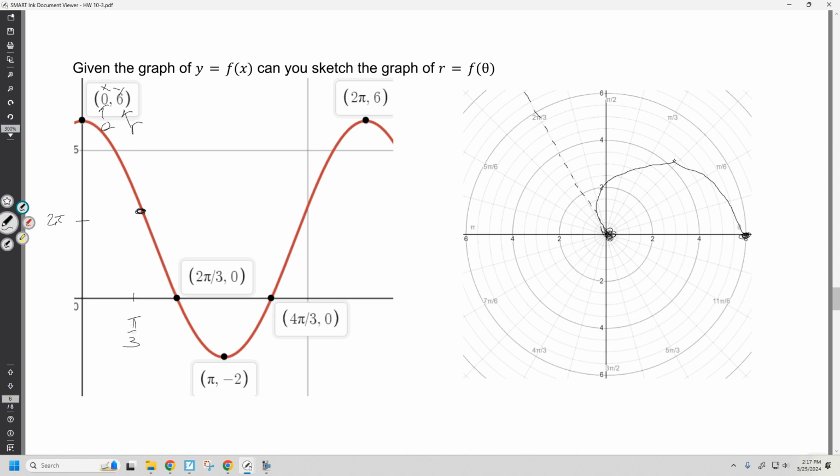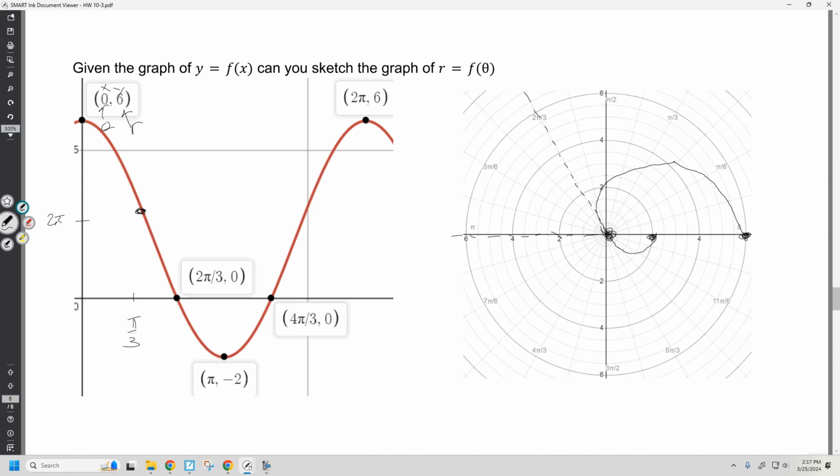Between 2 pi over 3 and pi, my radius will go from 0 to -2. So 0 to -2 ends up there. We need to stick our graph to be opposite of these angles, so we're looking at something like that.